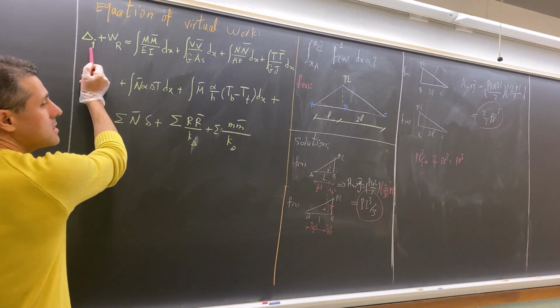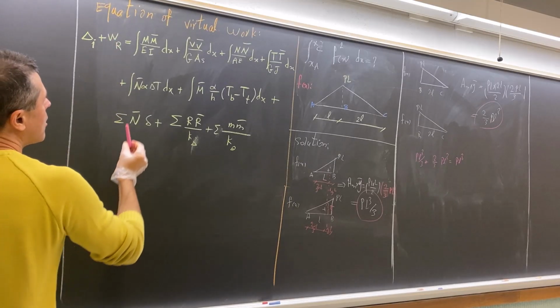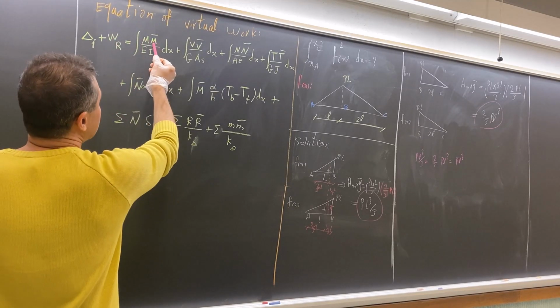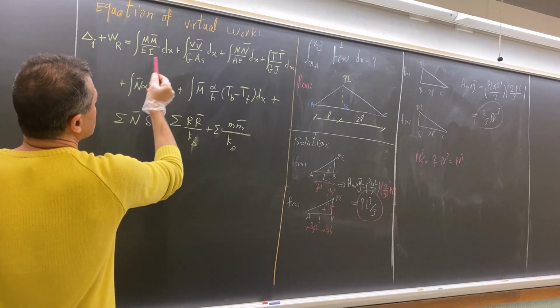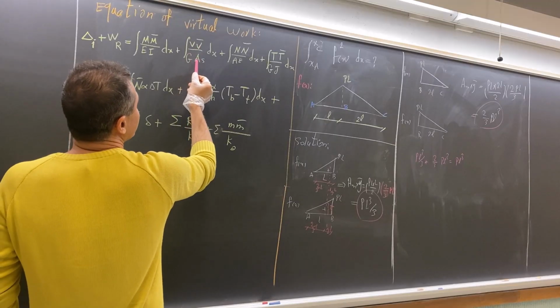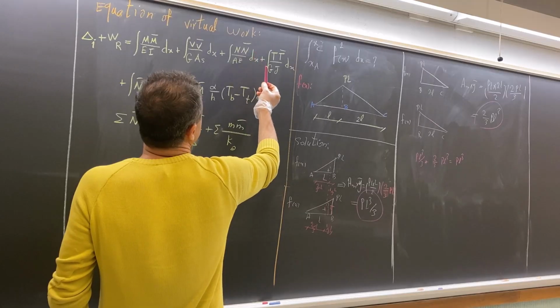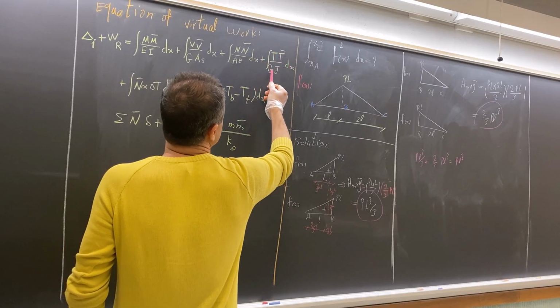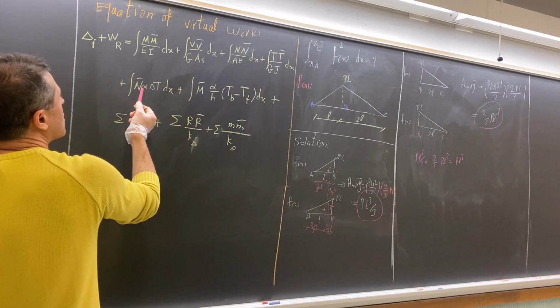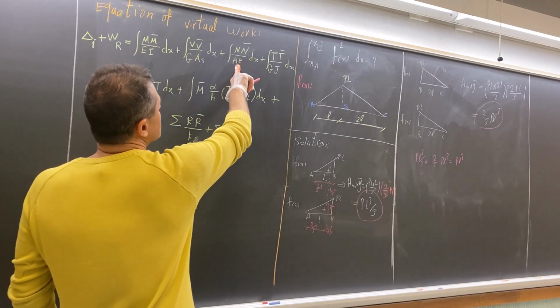You have it in the PDF file, but again, I read it. This is delta, the subscript is I. This is W, the subscript is R. This is M, this is M bar. EI, V, shear, V bar, G, AS. And N, N bar, T, T bar, GJ, N bar, N, alpha. The N bar is over what? AE. AE, okay.